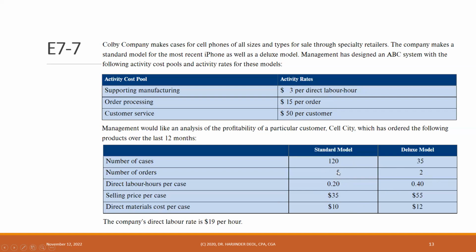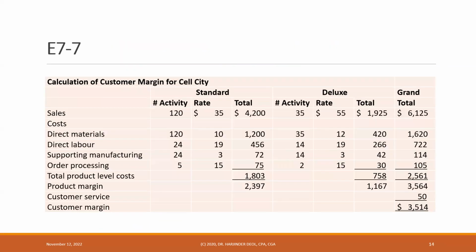We can multiply the number of orders with the cost to process each order. The customer service cost cannot really be apportioned between these 2 products, so that would be a customer level cost. So the calculation of customer margin for Sale City is provided here.